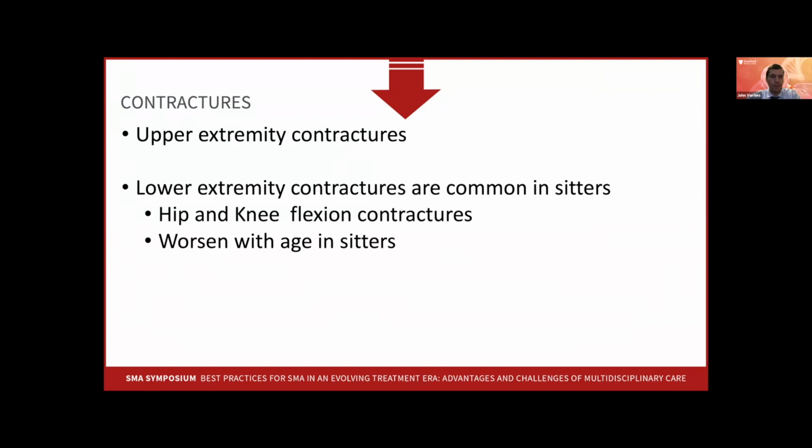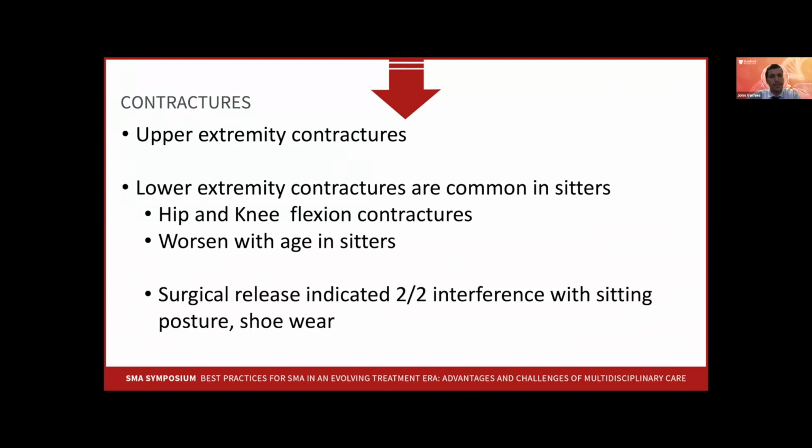These tend to worsen with age in sitters, and they can affect function, as we heard about in the plenary session. So most of the time we can treat these patients with good physical therapy to prevent the contractures and mobilize, but occasionally surgical release is indicated if patients have pain, or more commonly if they have an interference with sitting posture or some sort of function, and sometimes shoe wear.